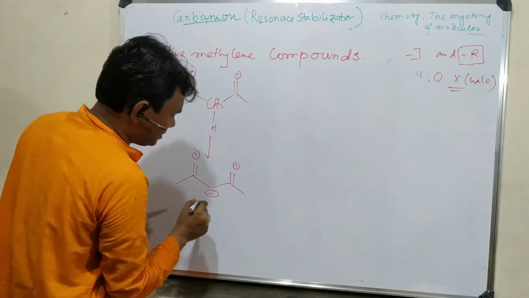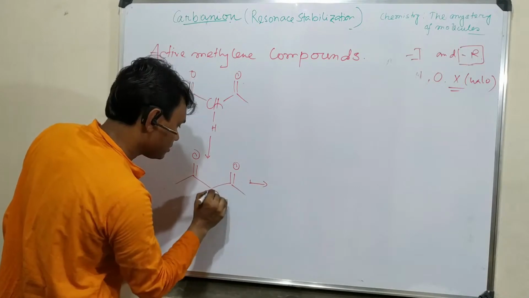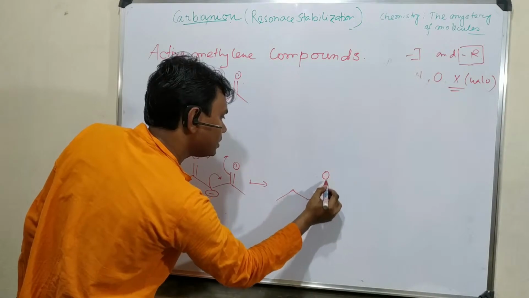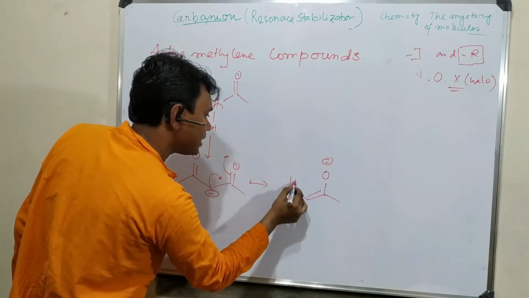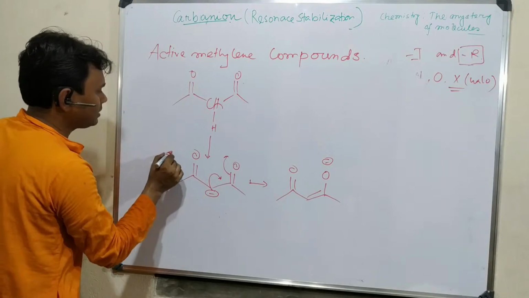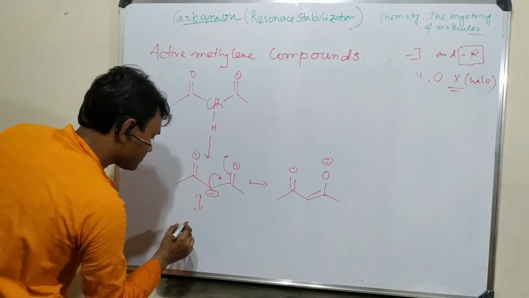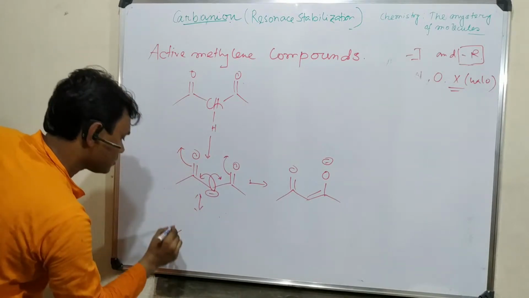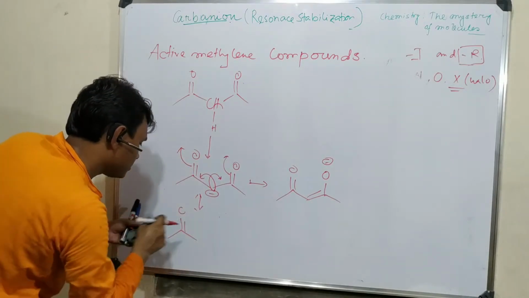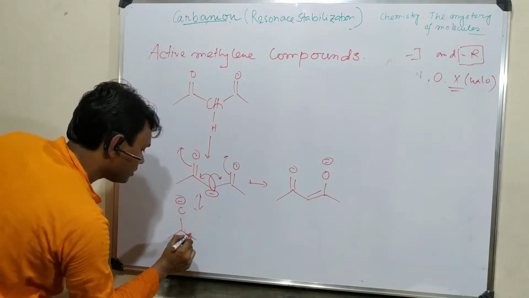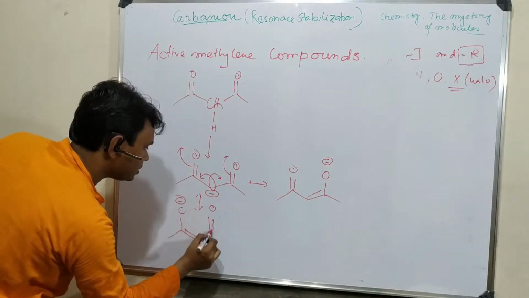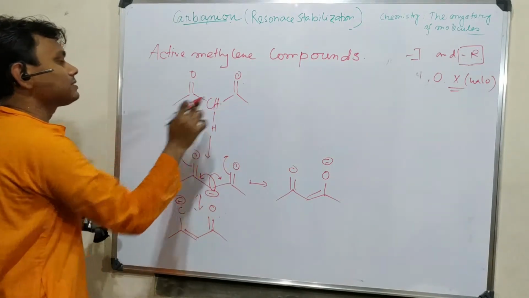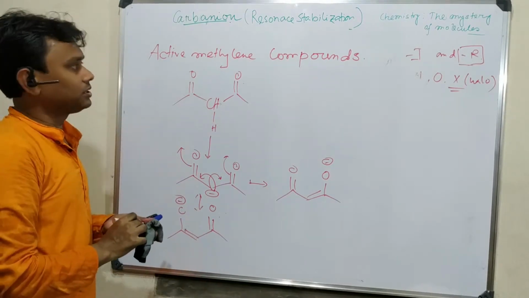This carbanion is highly stabilized by conjugation with this side: the minus charge sits here and the double bond forms here. Similarly, it can be resonance stabilized by conjugation with the other carbonyl, so the minus charge comes on this oxygen and the double bond forms here. In this way, active methylene compounds can stabilize the carbanion.